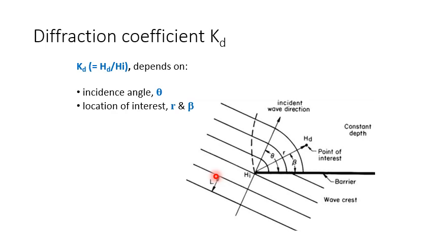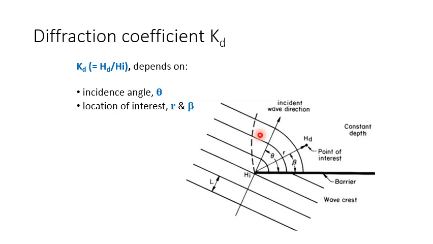And we will try to find out what the wave height is at a point of interest on the lee side. So if we have an incidence wave height of Hi, we want to find out the diffracted wave height Hd at a particular point of interest.